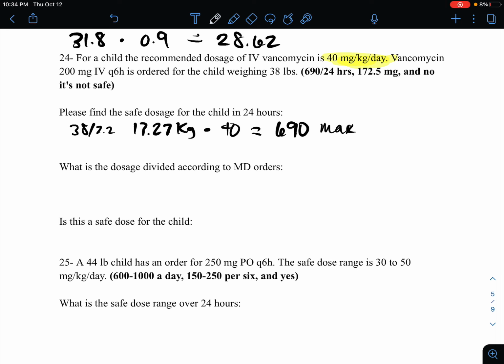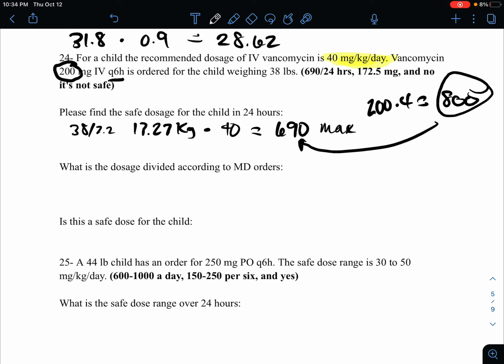So if we look at this right here, they ordered 200 milligrams every 6 hours. So that's 200, 4 times a day. 200 times 4 equals 800, which is way beyond the safety range of what is actually safe for kids. So this is not a safe dose, no. But what is the dosage divided according to the MD order?